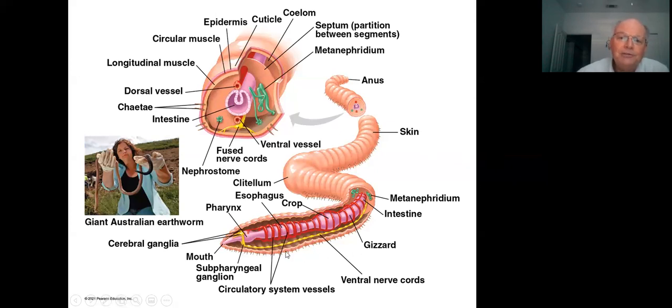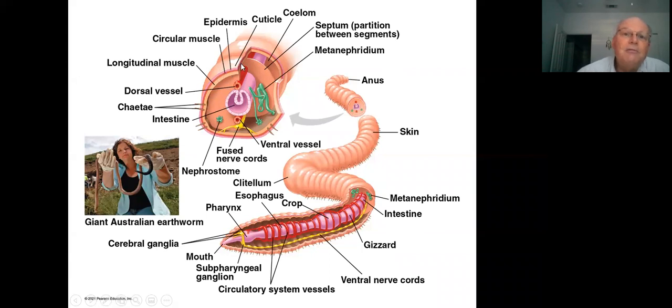Each segment externally also has a pair of these little hairs called setae. These grip the soil as the worm burrows through the soil. Within each segment, there are two layers of muscle, the longitudinal muscle on the outside of the cavity and the circular muscle that surrounds the digestive tract.